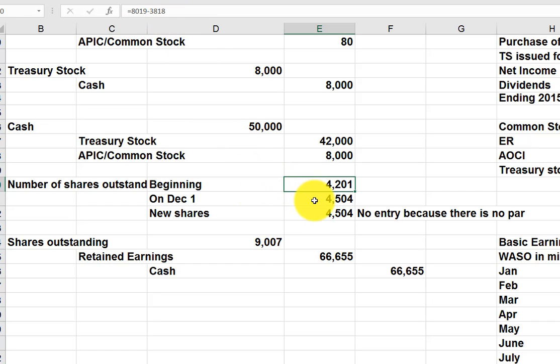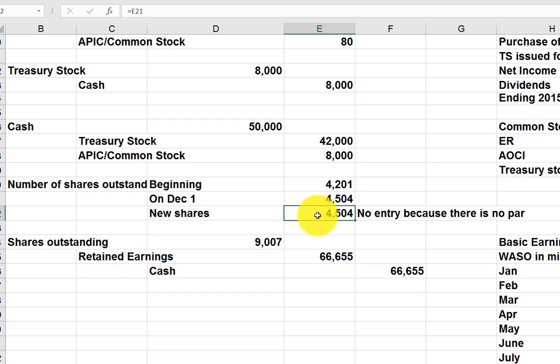And then we have these changes. We're going to increase shares outstanding by the 400 million here, and then subtract the 2 treasury purchases that we're going to make during the year, because we don't really care when they happened at this point. We just need to know where we're at on December 1st when we do a stock split, accounted for as a stock dividend.